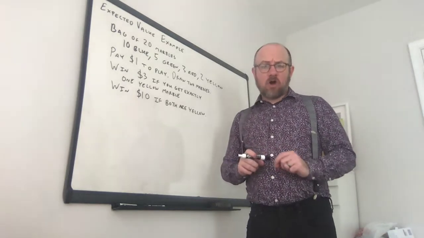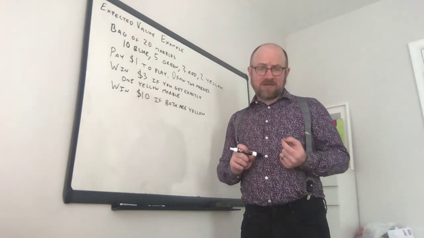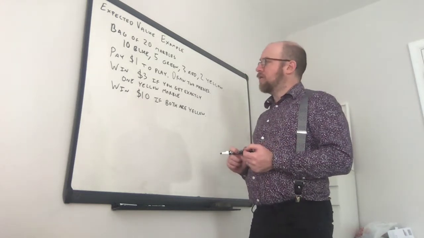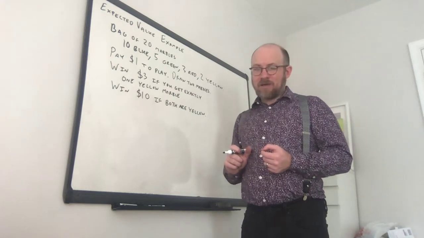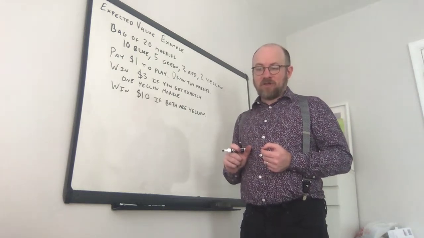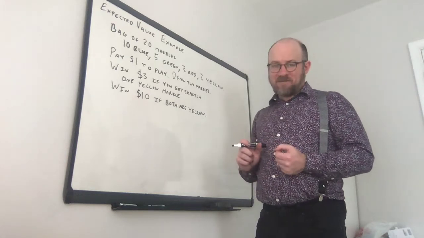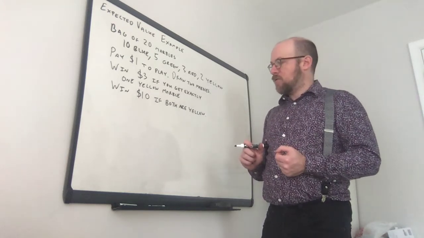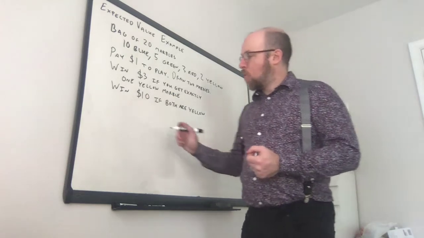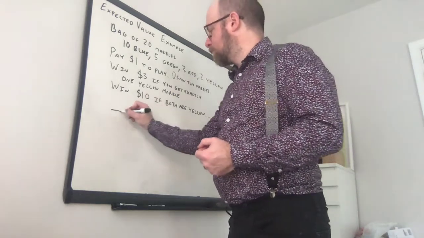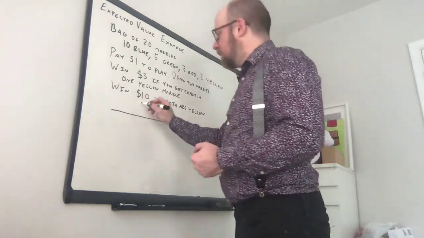Now the probabilities are harder to compute here, and that's what actually makes this a harder problem. The rewards aren't any more difficult to think about, but the probabilities are a little bit trickier. And we've got 3 different situations here. So what I'm going to do is create a table to put this all down.